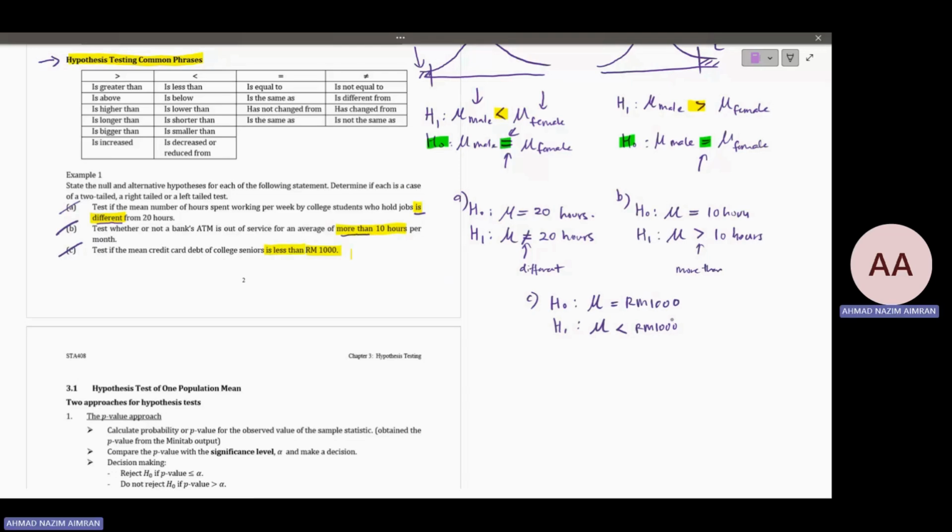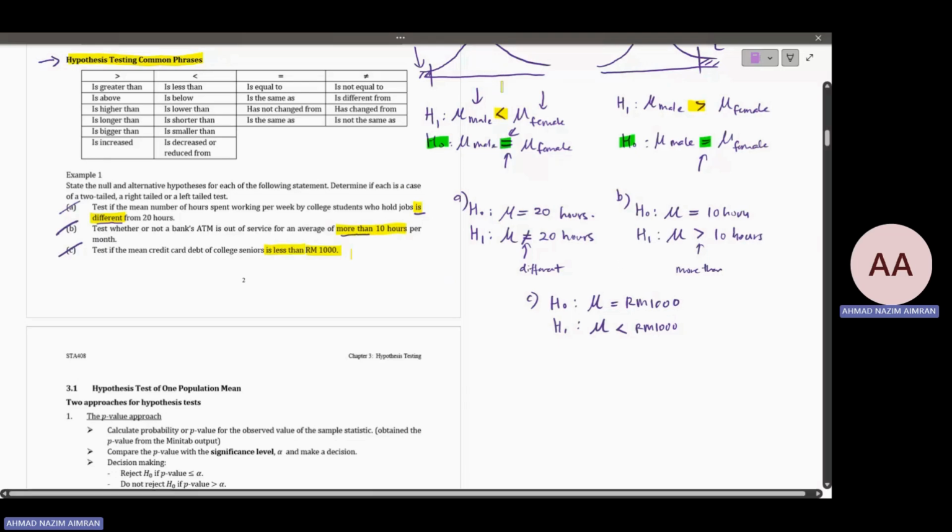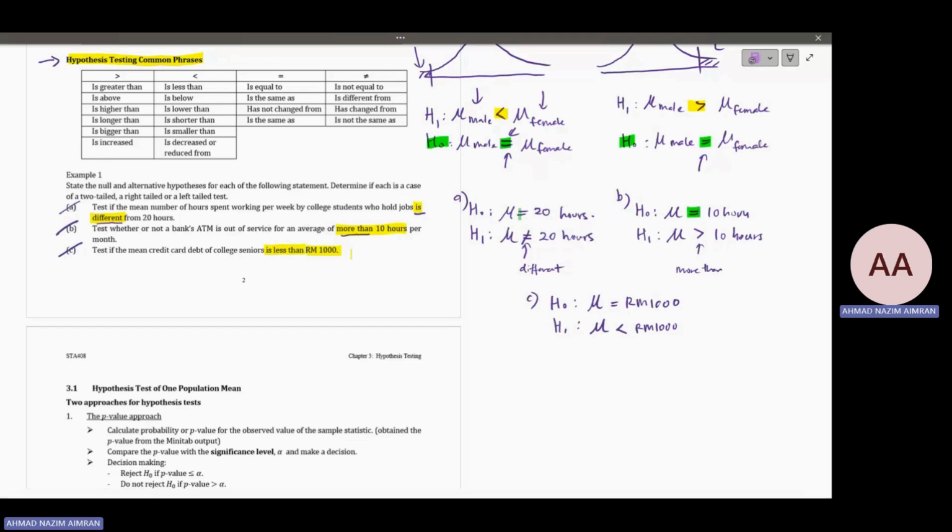Easy, right? You just need to remember that for the null hypothesis we always use the equal to symbol, and what is mentioned in the question refers to our alternative hypothesis.